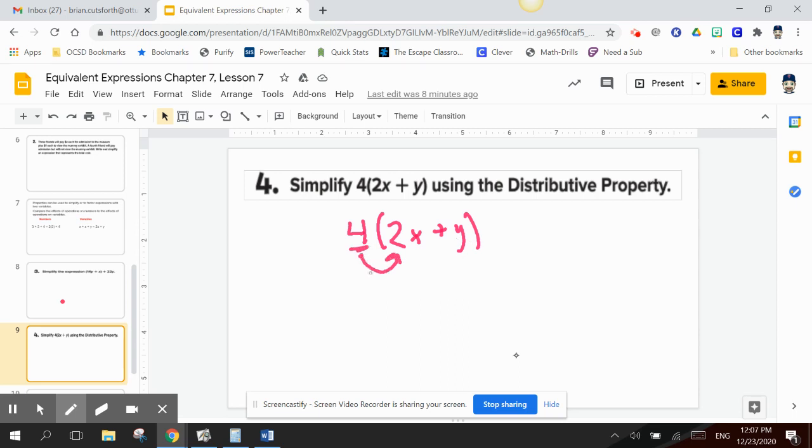So I multiply 4 times 2x and 4 times y. 4 times 2x is 8x. 4 times y is 4y. Addition sign in between. Can I add x's and y's together? No. This is my expression in simplest form.